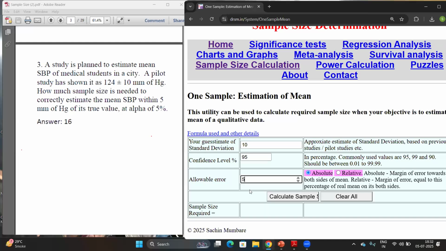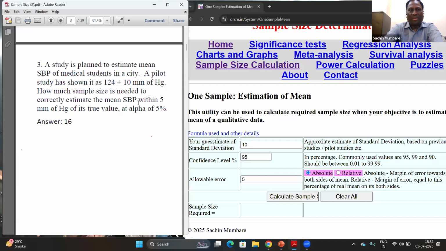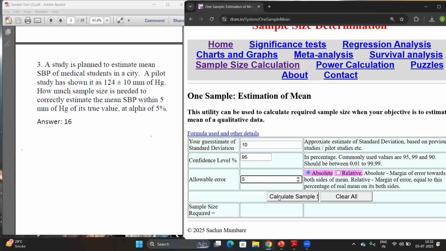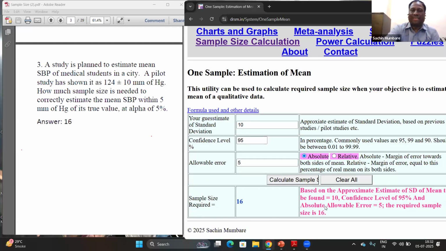Not percent, here it is 5. Estimate the mean systolic blood pressure within 5 mm of Hg. So it is 5. Okay. And we'll click on calculate sample size. How much is the sample size? 16. 16 is the sample size.